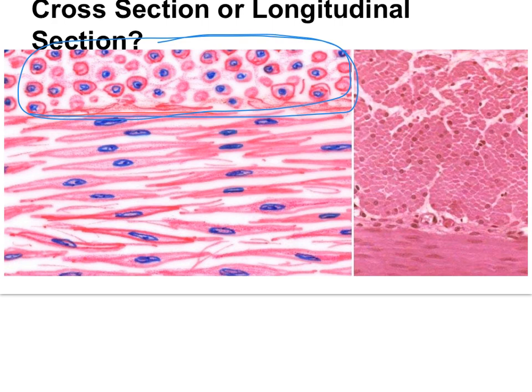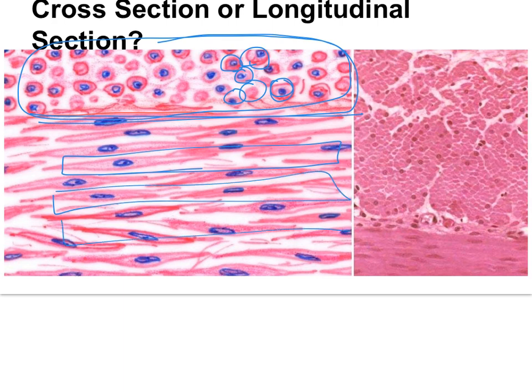When this slice was taken from this tissue to make a slide, these cells right here are actually going in and out of the board. It would almost be like opening up a carton of straws and seeing the tops of the straws sticking out through the top of the carton.